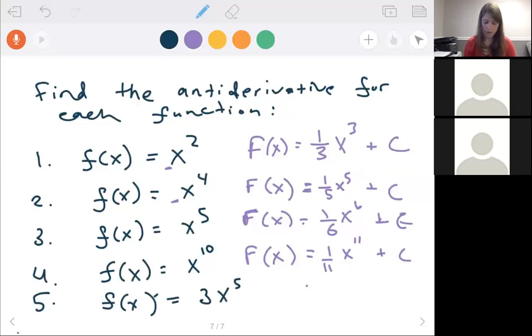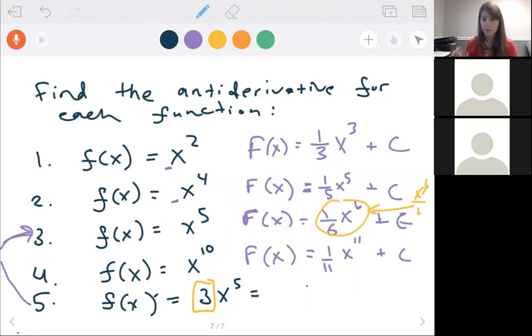If we think about just x to the 5th, this should be similar to what we did in number 3. Remove that 3, and our antiderivative should be 1/6 x to the 6th, or some people might prefer to write it as x to the 6 over 6, same thing. So in this case, all we're missing is that constant.